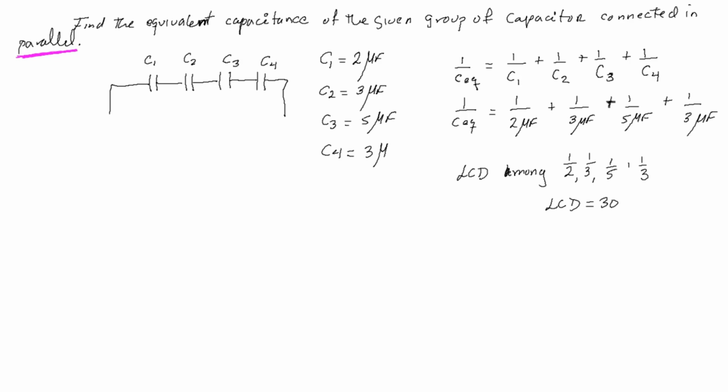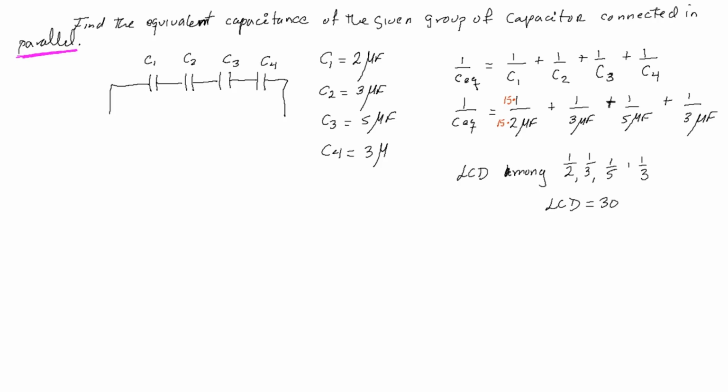So if I know that my LCD is 30 and I have 2, I need to multiply the 2 times 15 to get 30. But if I multiply below by 15, I have to multiply above by 15 also, so we multiply the first fraction by 15 over 15.